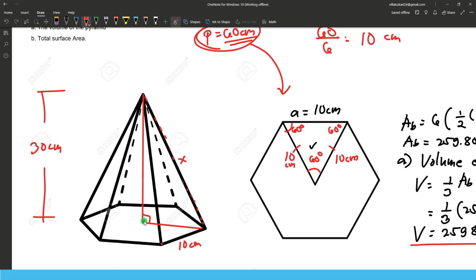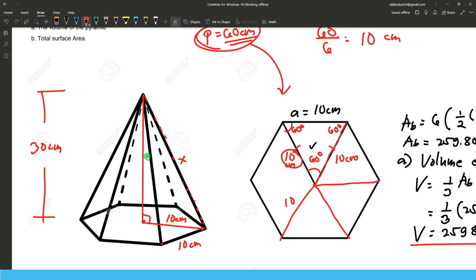This distance from the center to the vertex of the base is the same as any of these lines from the center going to the vertex. So if we already know that it is 10, this is also 10 centimeters.